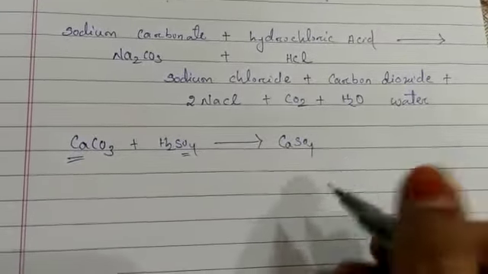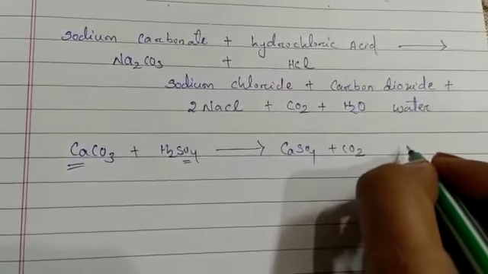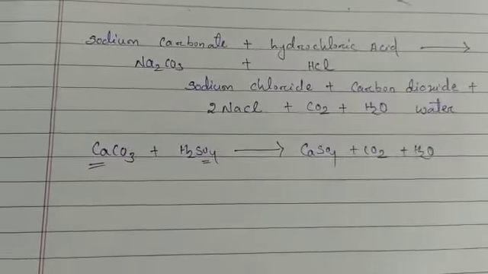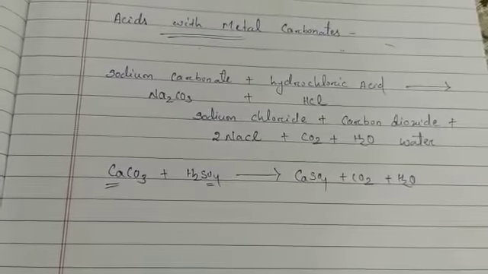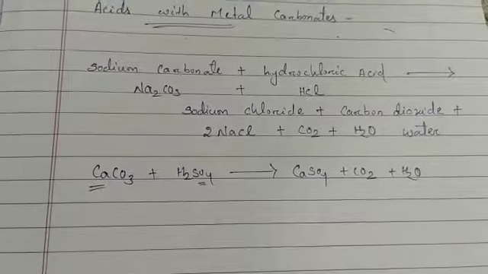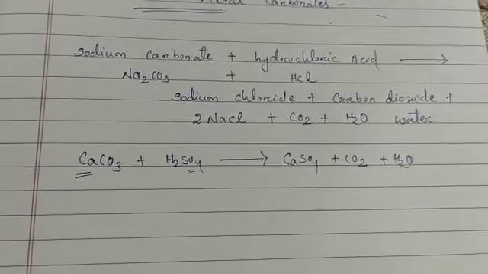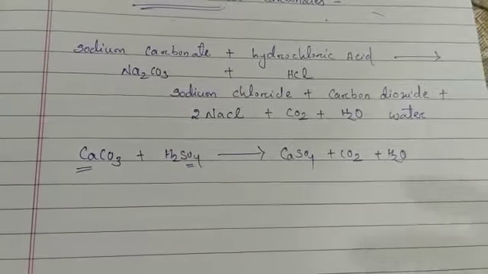It is calcium sulfate along with carbon dioxide gas and water. So basically when acid reacts with metal carbonate, it produces salt, carbon dioxide and water.